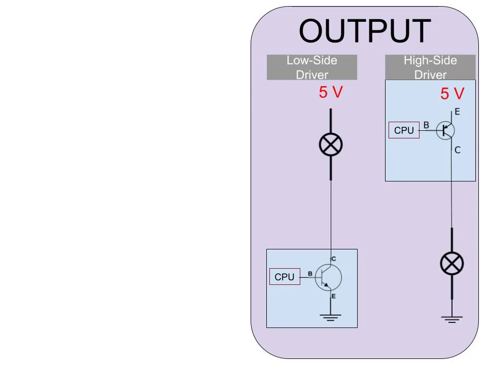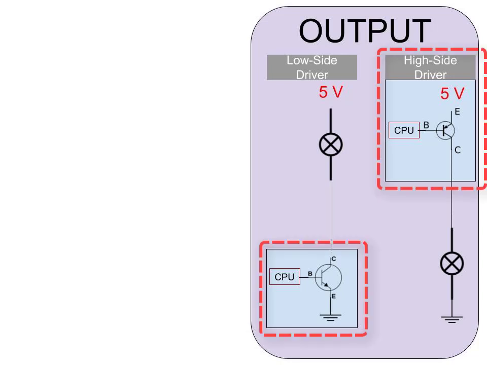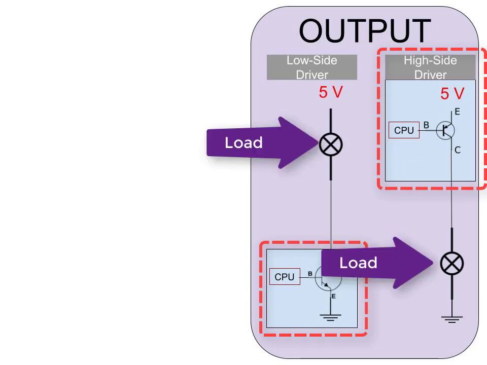All right, let's switch over to outputs. So here we have a blue box that has a CPU in it and a transistor for both the low side driver and the high side driver. That represents the computer itself. Outside of the computer, I have two loads. In one example, I'm providing 5 volts to the load on the low side driver.